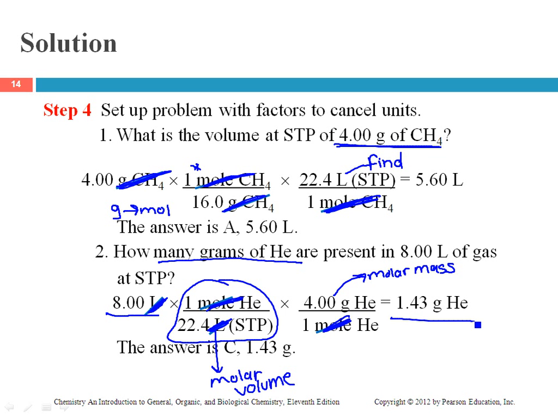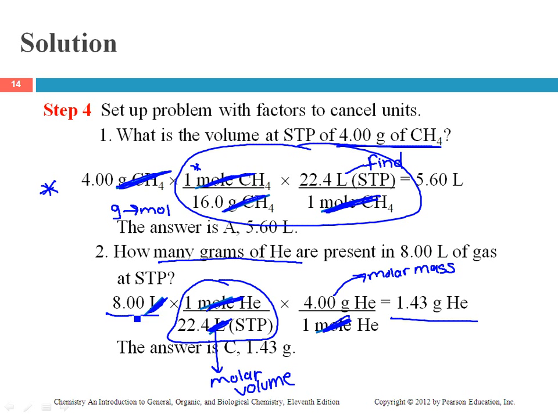So these are a couple of variations. The first was just going from using our moles and going to volume. Okay, and then the second problem, we're going from grams to moles to volume. So this step here was the same as previously, but we had to go from grams to moles, just like we did in chapter 5.